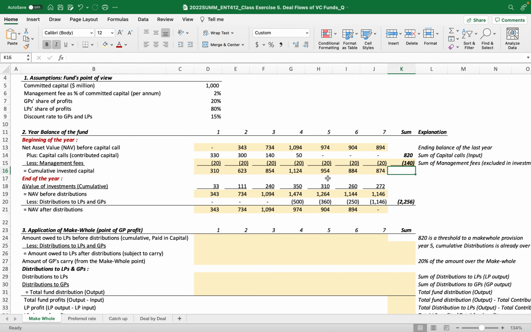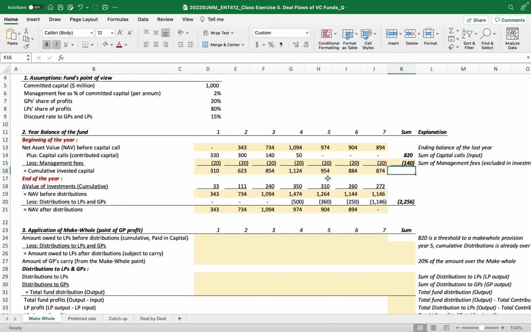Based on these deal flows, we will calculate how we distribute the fund profits, or the initial investments, to the LPs and GPs, because the GPs definitely want to get the 2% management fees, but the performance sharing is the point here, right?